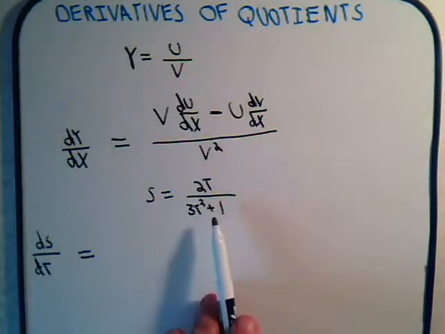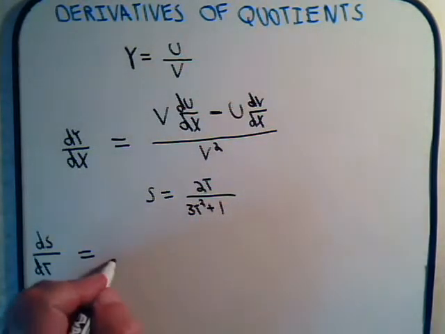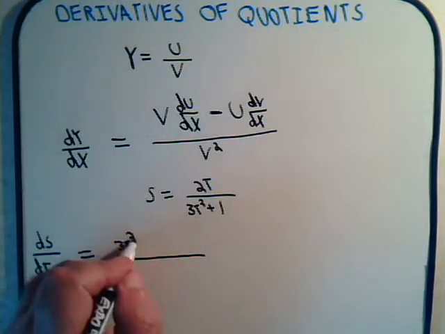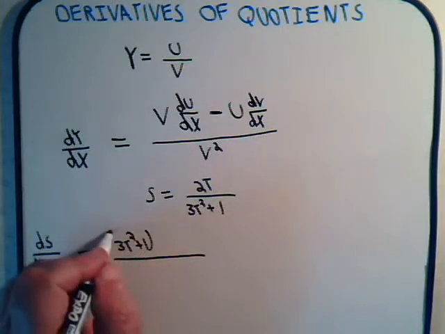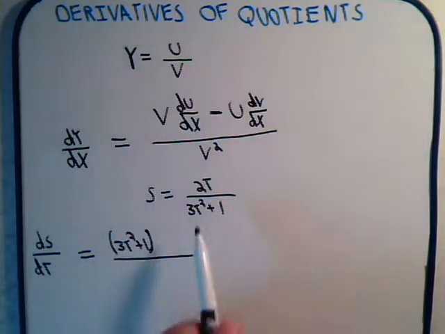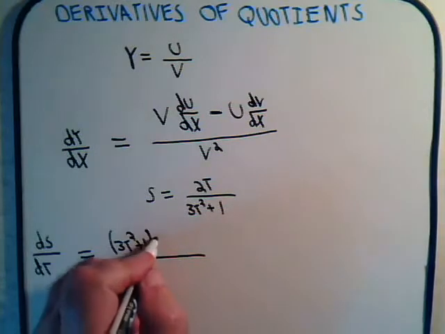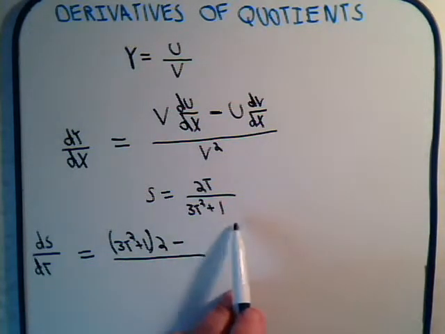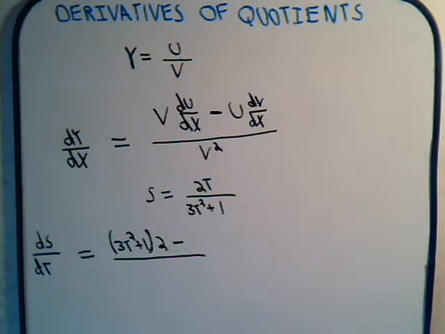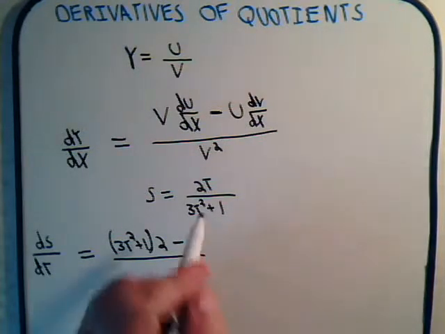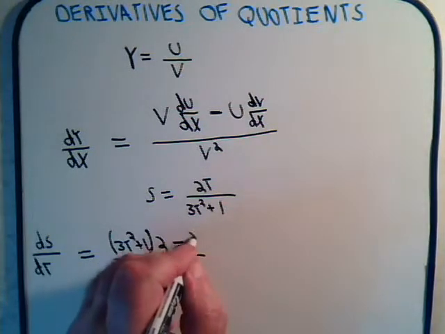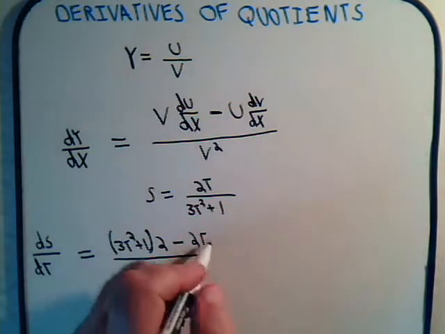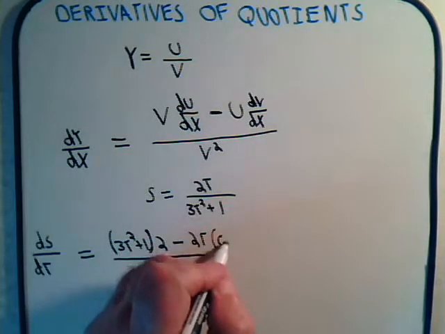So that equals this function times this derivative. So we'll write this down, 3t squared plus 1 times the derivative of this, that's just 2, minus this function here, this one here, times the derivative of this one here, which is going to be 6 times t.